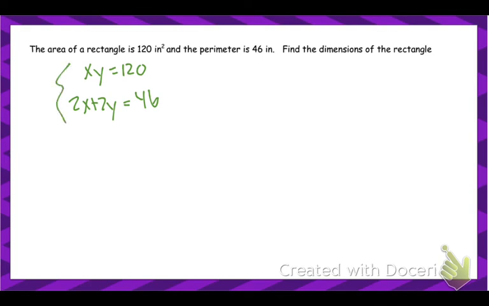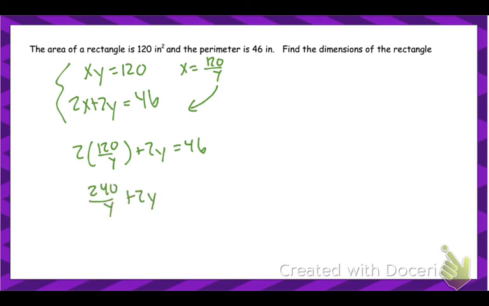So we'll do substitution. So x is equal to 120 over y, and then I'm going to go ahead and plug that in. So this is 2 times 120 over y plus 2y equals 46. So that's going to give me 240 over y plus 2y equals 46.